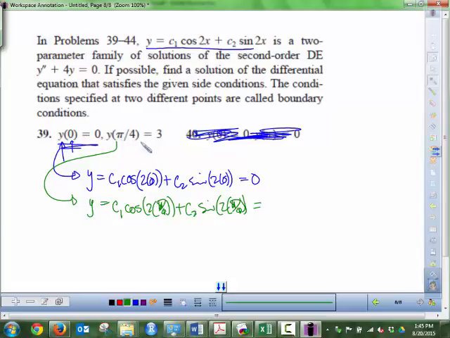And after you calculate that, that should equal 3. Okay, so what two equations are we solving for? We essentially now have two equations and two unknowns. And our first one is, what's the cosine of 0? 1. So that's C1 times 1 plus the sine of 0? 0 is equal to 0. So C1 must equal 0, right?